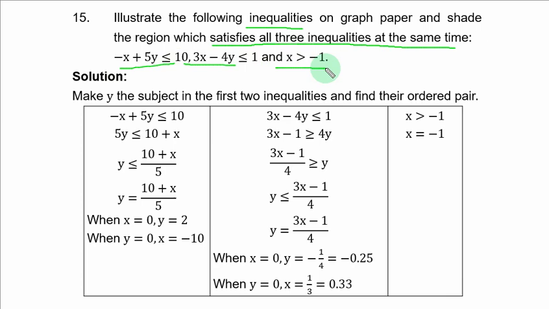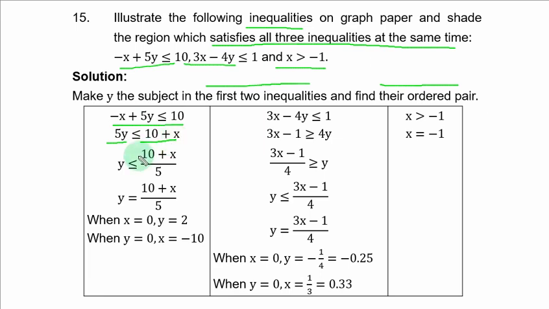Make y the subject in the first 2 inequalities and find their ordered pair. We are not constructing a table of values here. So this is the first inequality. You make y the subject, that is 5y first, by transferring minus s to the right. You have it in this form.